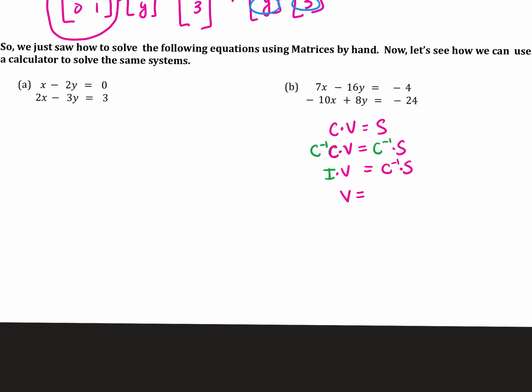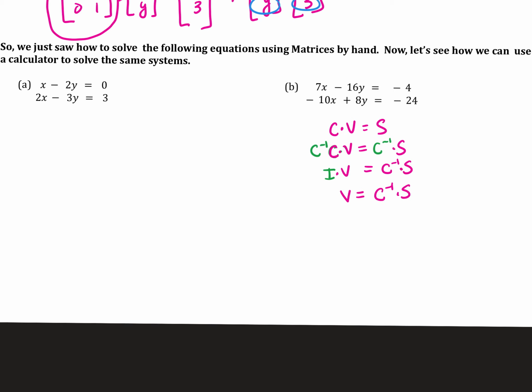The variable matrix is equal to our solutions to the system, okay? So how we find our solutions is we just take the inverse of the coefficient matrix times our solution matrix. And I'm using the word solution there. You could use something different if you wanted to, but that's the basic setup, okay?